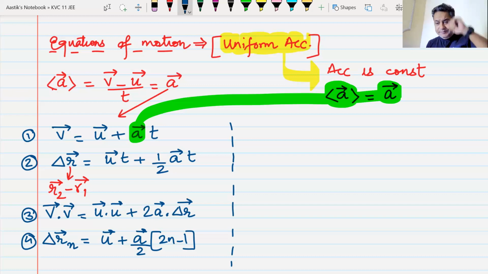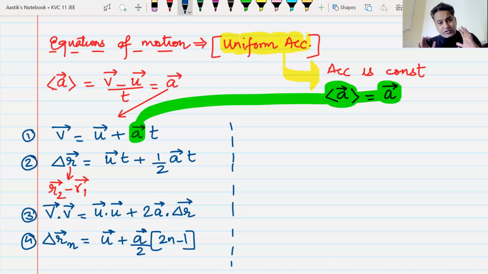Do you understand this? For example, if in a question they ask you the final velocity, they give you the initial velocity, and then they give you the displacement and acceleration, then you must use equation number 3. But if they give you initial velocity, acceleration and time, then you use equation number 1. So basically, depending on what is given to you and what is asked from you, you choose your equations wisely.